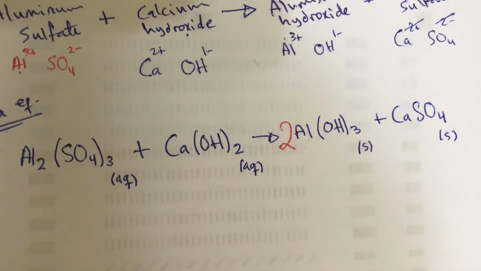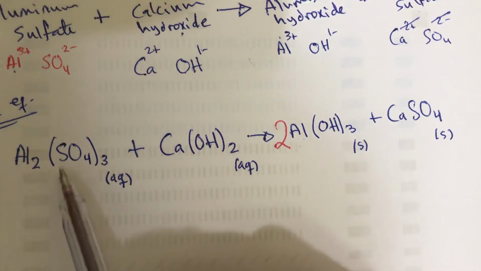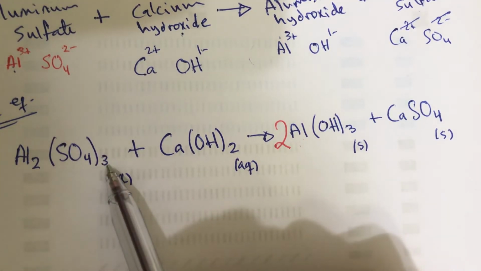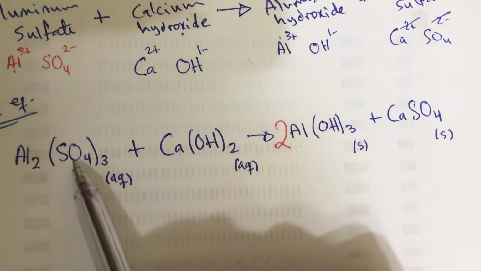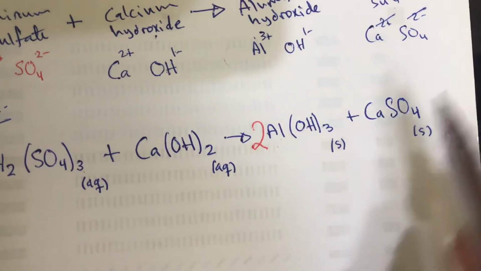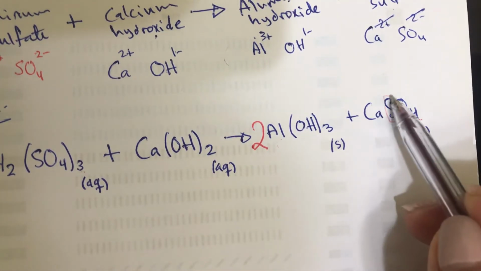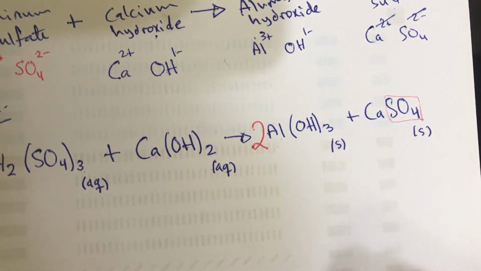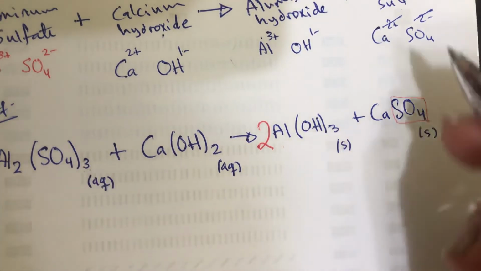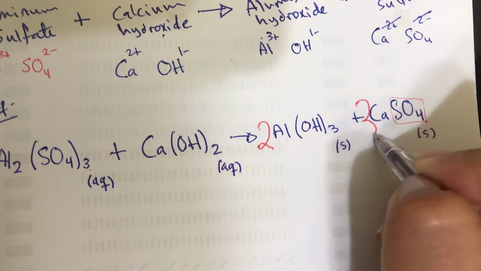Now, the SO4 group, it's all multiplied by 3. So here you have 3 groups of sulfate. In the product, you have 1 group of sulfate. So it must be 3. So you have here to multiply by 3.